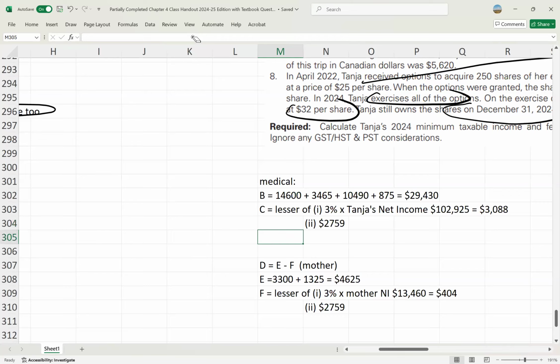And so what we can do now is finish off this medical expense tax credit. So what is B? B is 29,430. What is C? The lesser is going to be 2,759. So B minus C plus D. Well, what is D? D is E minus F. This is E. What is F? F is the lesser of the two amounts. That's going to be 404.